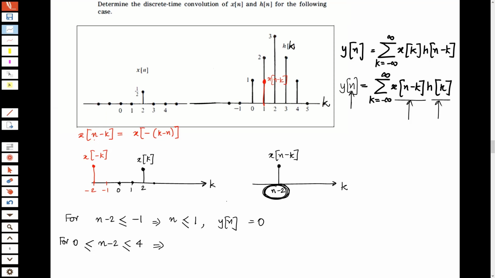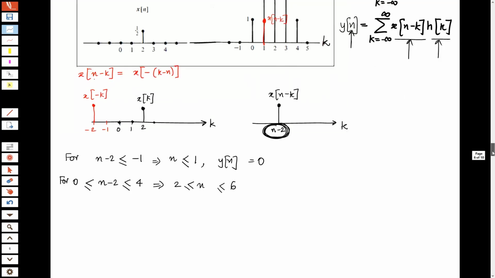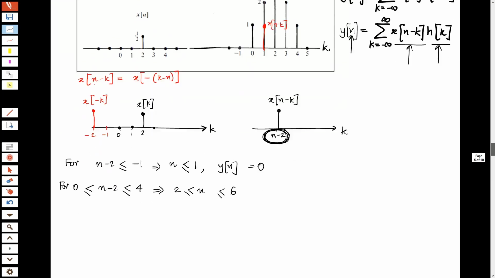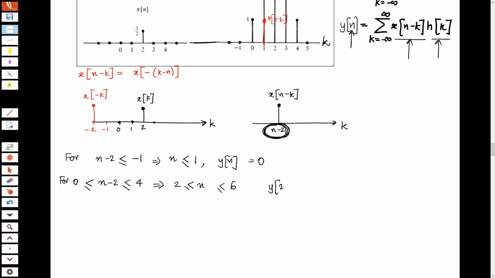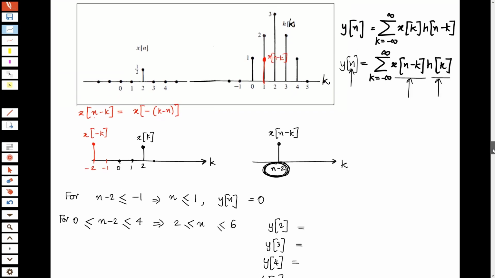So this is fine: for all values less than 1, y of n was 0. But for the rest, we'll have to take each value one at a time. So we will need to find y2, y3, y4, y5, and y6. Let's see what each of these values is. When n is equal to 2, x of n minus k is here.